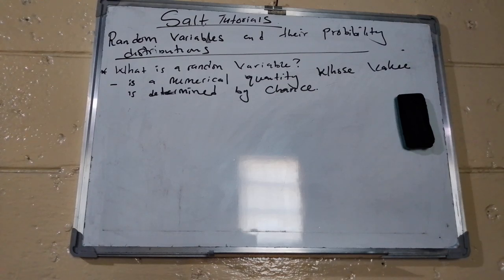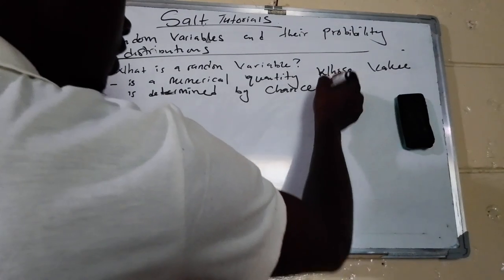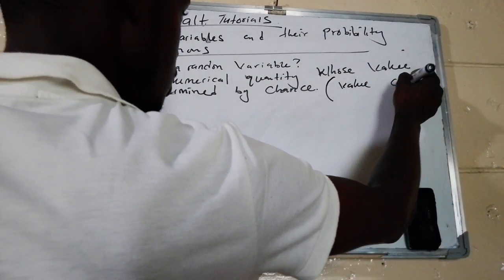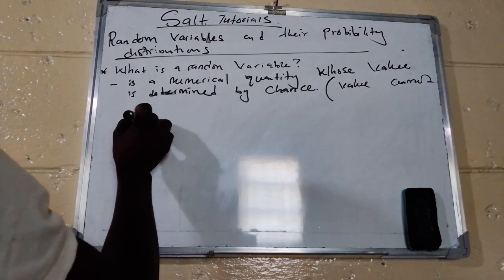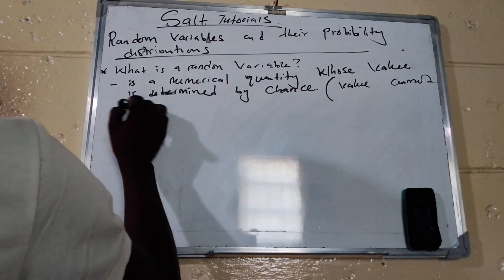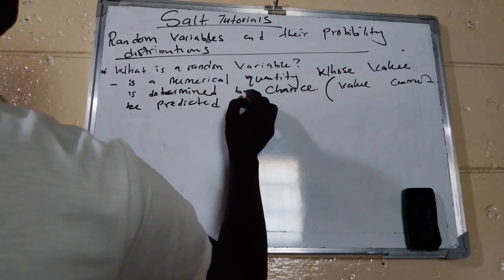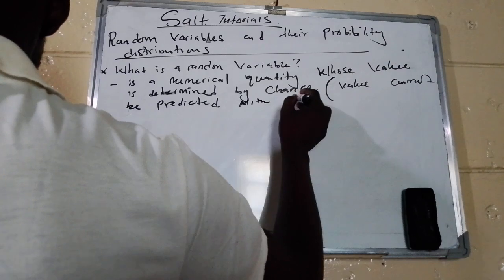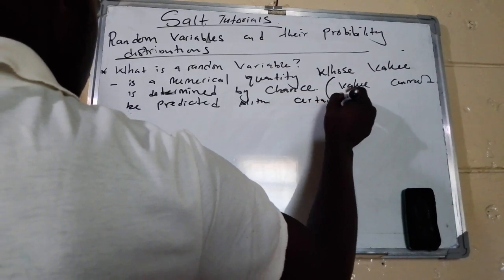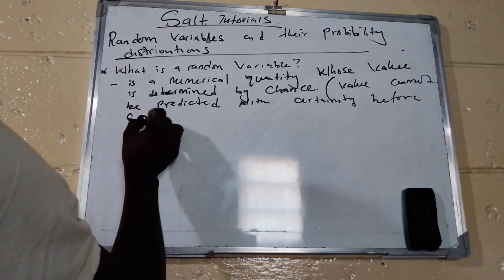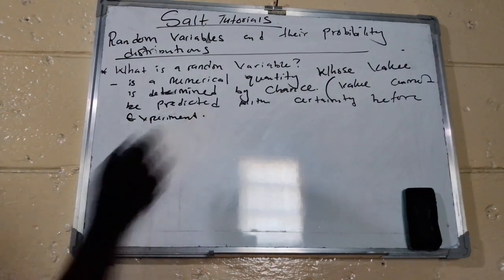So by chance, what do I mean? Its specific value cannot be predicted with certainty before the experiment. So we're just talking about something whose value cannot be predicted with certainty before the experiment. That's basically a numerical value.